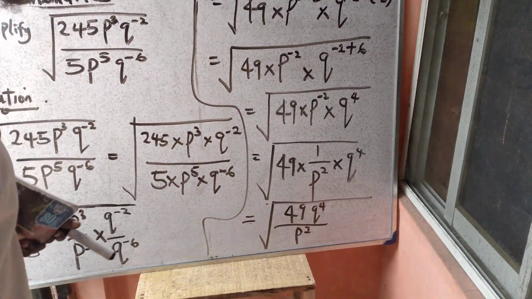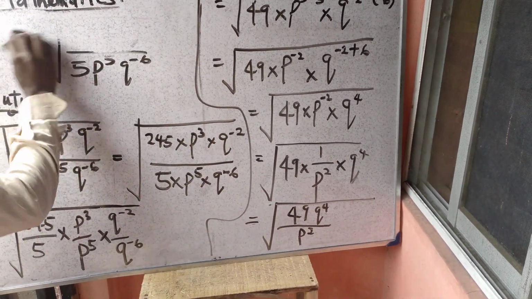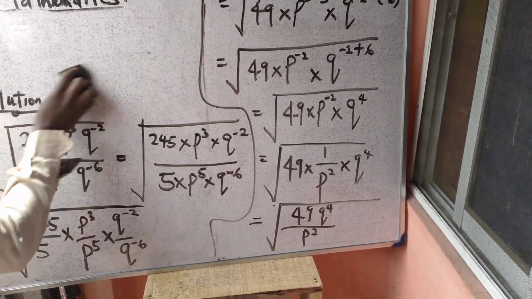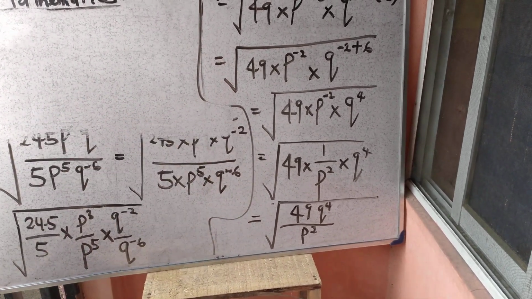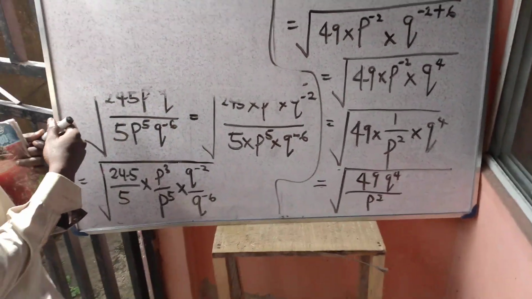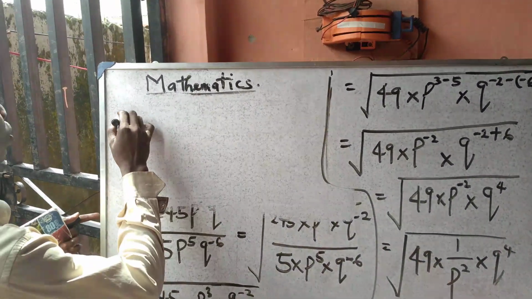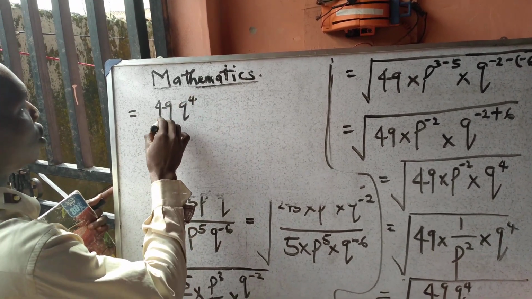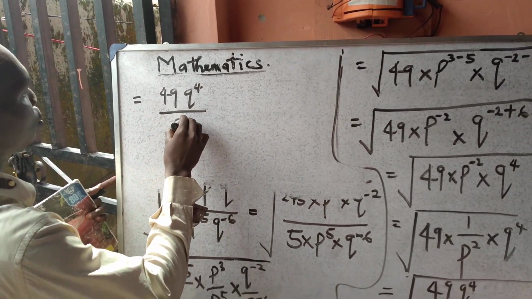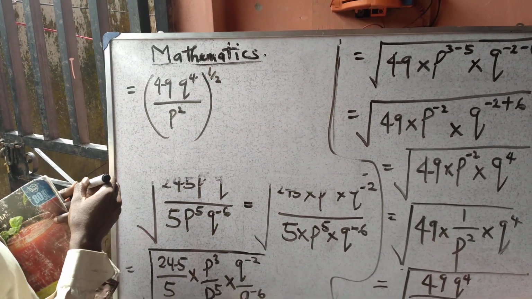Okay, so at this point, what next do you do? Now this will be what? 49 q raised to power 4 over p raised to power 2 all raised to power half.